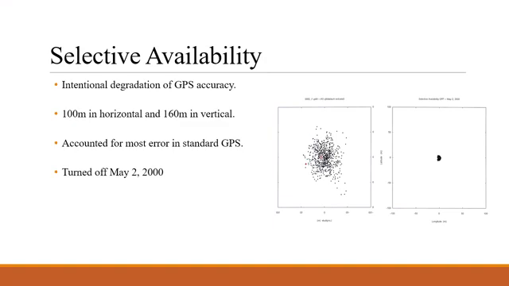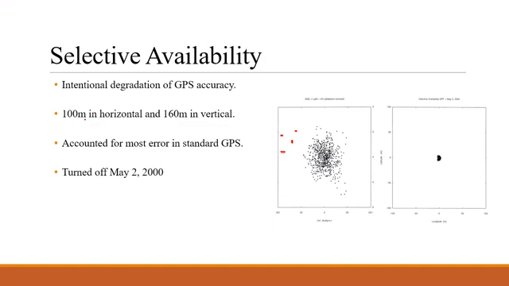For example, if someone's position is this one, but due to selective availability, the intentional degradation may show your position like here, or here, or here. So it doesn't show you the real position where you are standing.